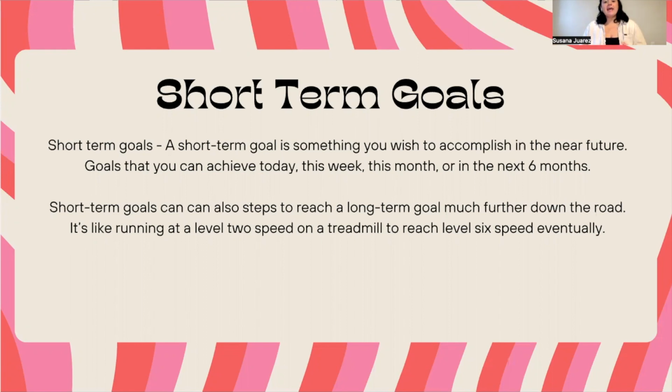It's like running at a 2-level speed on a treadmill to reach a 6-level speed eventually. So if my goal is to be able to run at a 6-level speed on a treadmill, that means that the number is at 6 and that's how fast it's moving. My short-term goal might be like, right now, I need to be running at a 2 speed on a treadmill. My long-term goal is like, I'm a 6-speed runner.